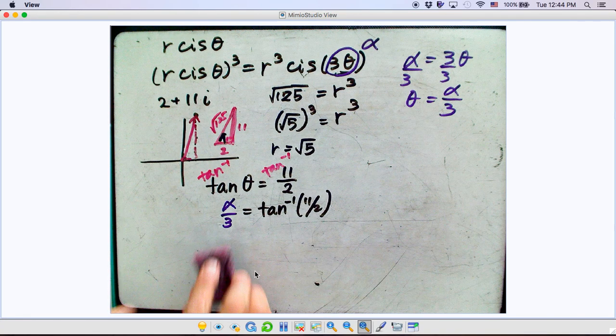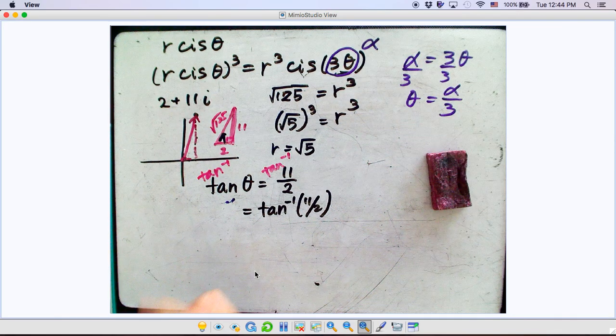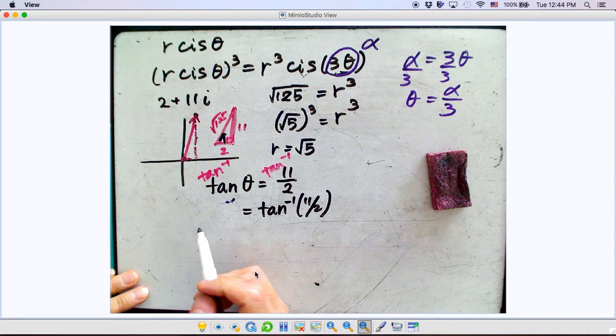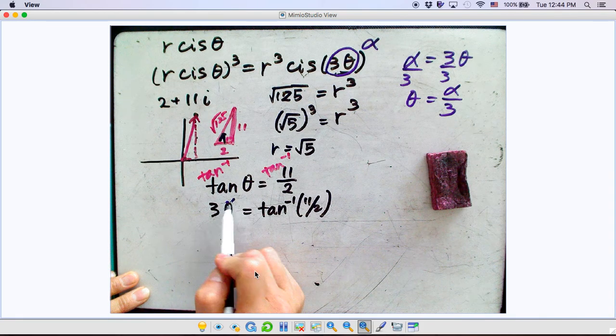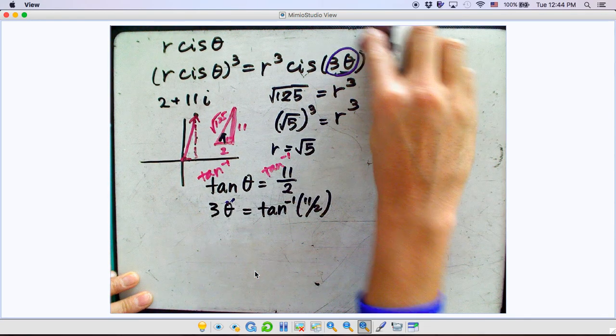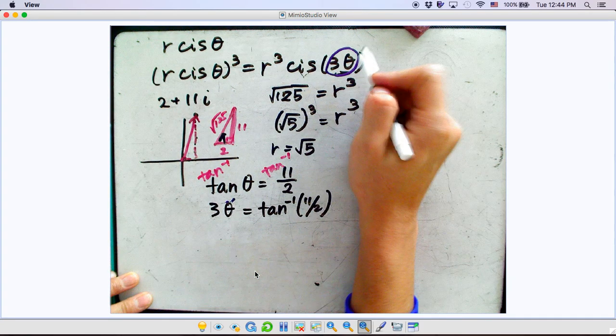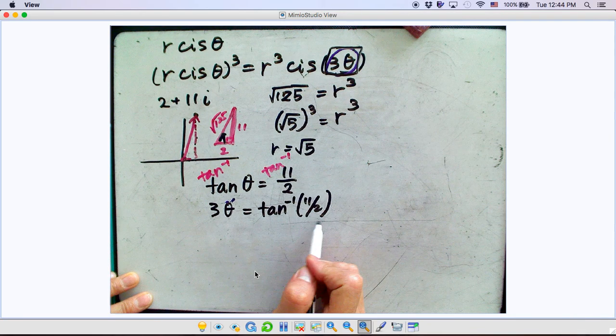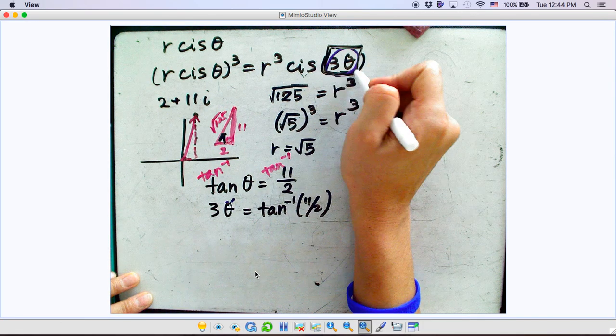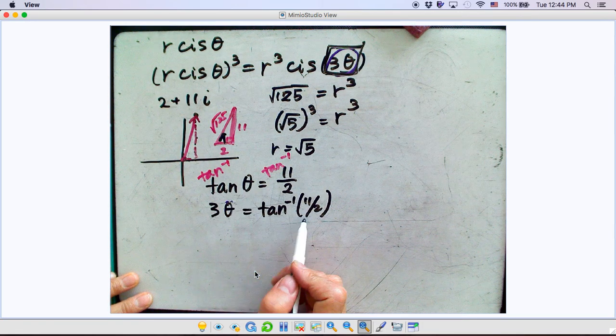So this 3 theta should be equal to inverse tangent of 11 over 2.